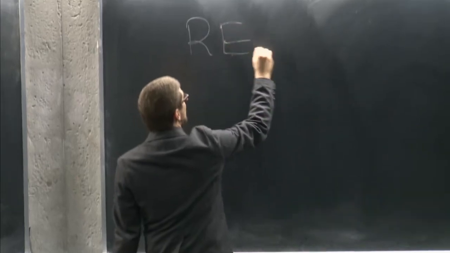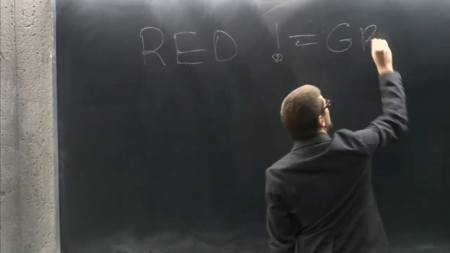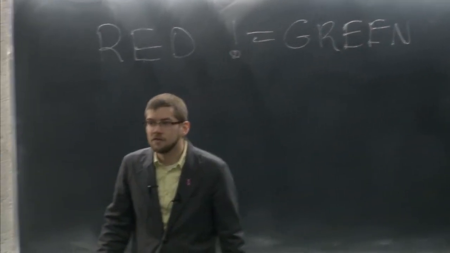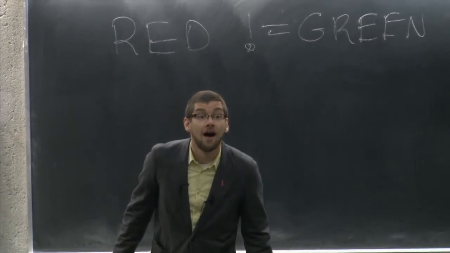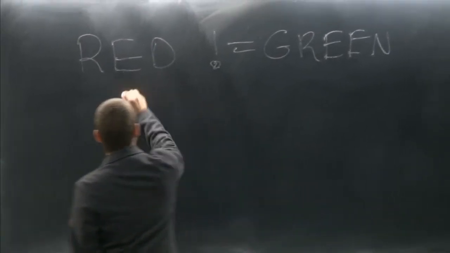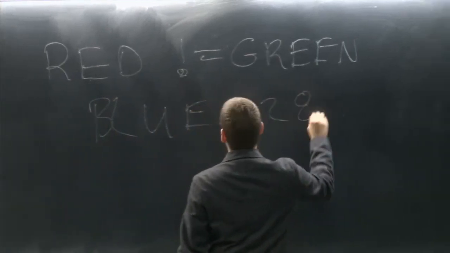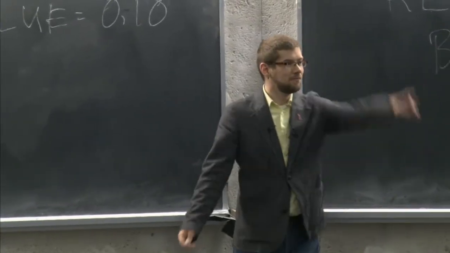Oh, okay, I'll write it like this, red not equal to green. Other ones? In the back, sir? If blue is 0.28. Somebody give me one with a greater than or a less than, please.